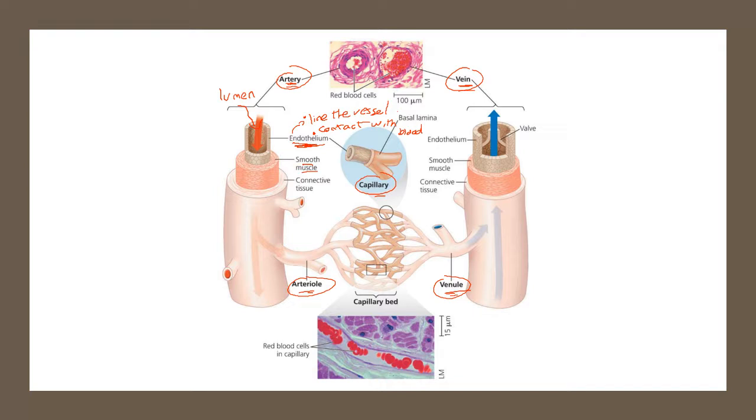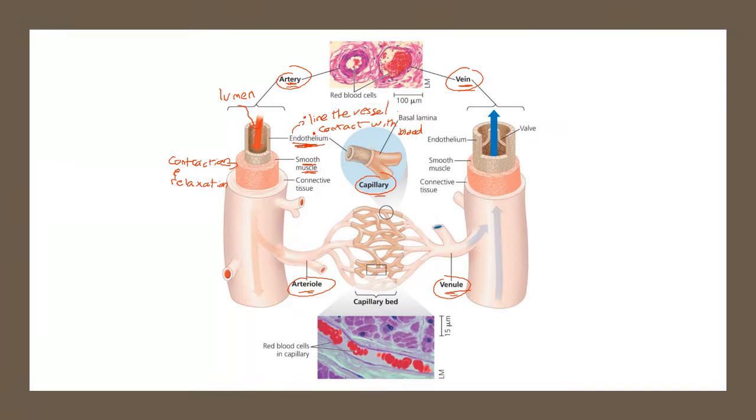So the innermost layer, let's just say, is made of endothelium. The second layer is going to be made of smooth muscle. And when you hear muscle, you're going to be thinking about, guess what? Contraction, and relaxation. I'm saying this because there's a very important concept here, and there are a couple of words I will ask you to learn in the next slide.